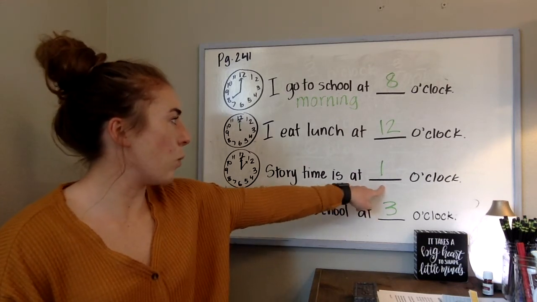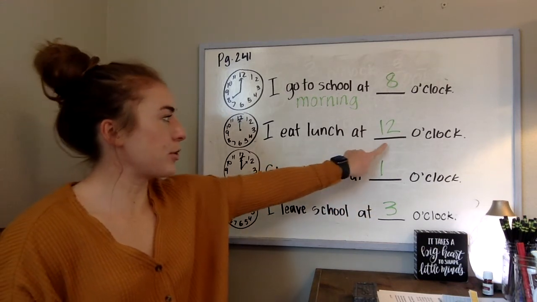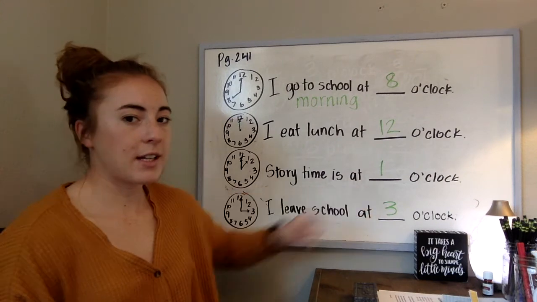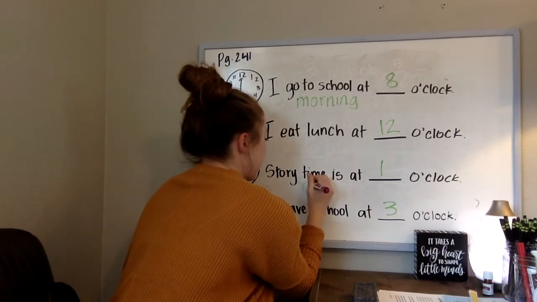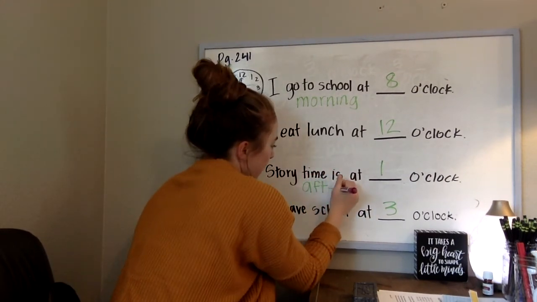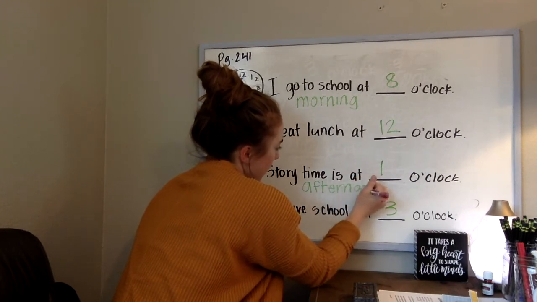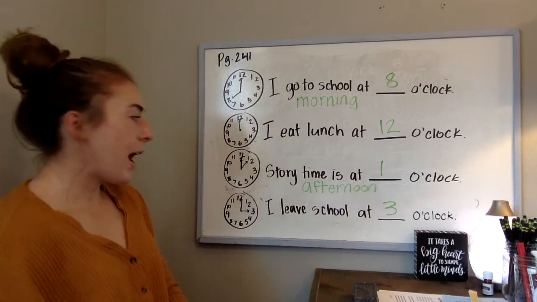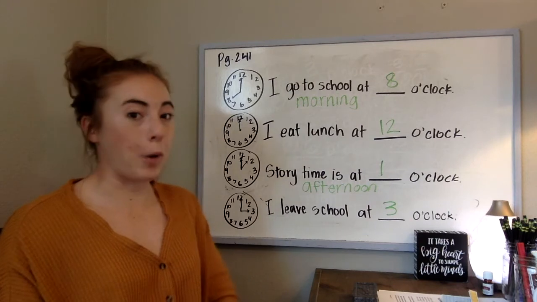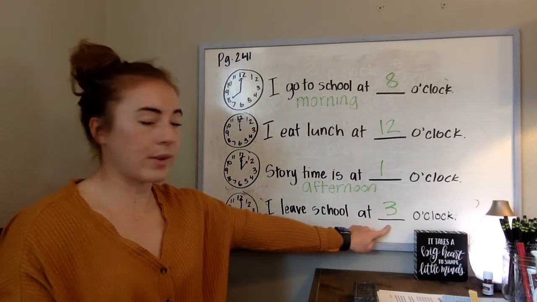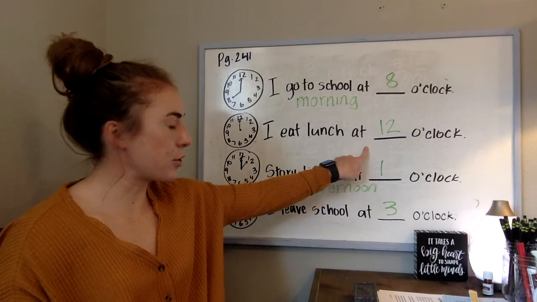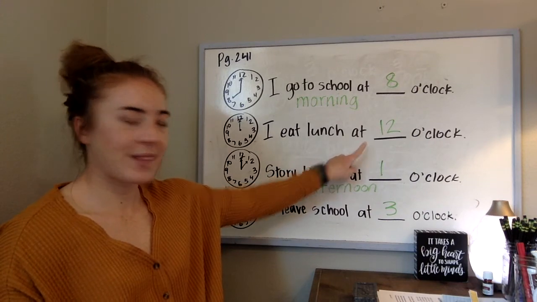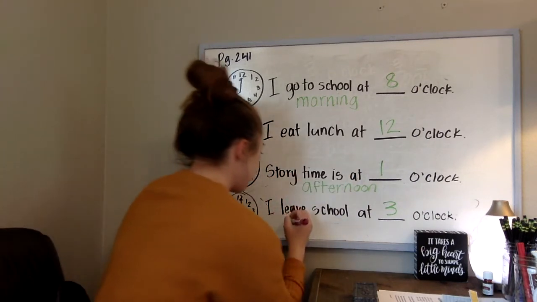If it's at 1, it's after 12 o'clock. Afternoon activity. And what kind of an activity is going home or leaving school at 3 o'clock? If it's after 12, afternoon activity.